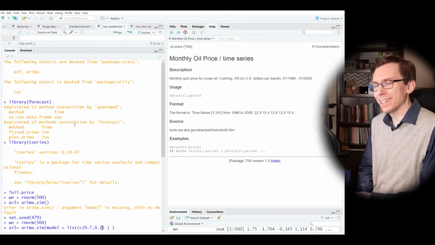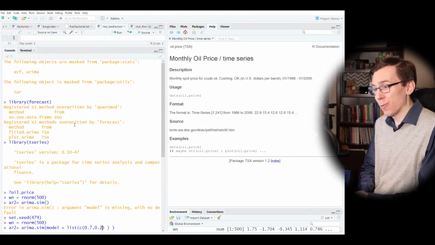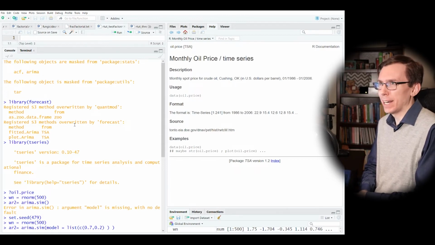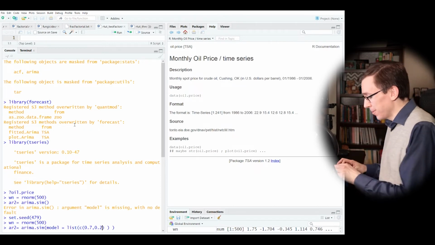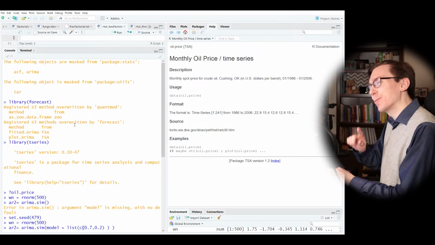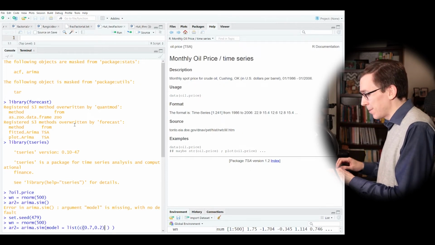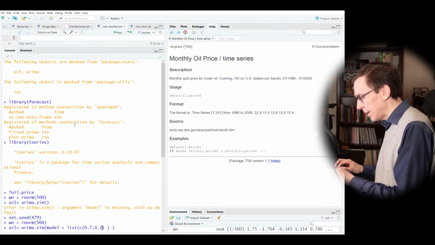I think that should be sufficient so that 1 is no longer a root, because if you plug 1 into the characteristic polynomial, you would get 1 minus 0.9, which is 0.1, which is not 0. So let's hope that we get something that is close to a random walk, but not a random walk. Anyway, what I was supposed to do is say AR is equal to this. And just as a placeholder, I'm going to say MA is empty. Hopefully R doesn't get mad at me for telling it that.